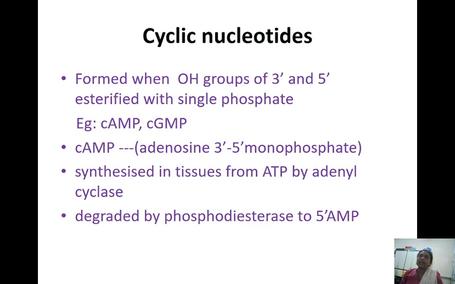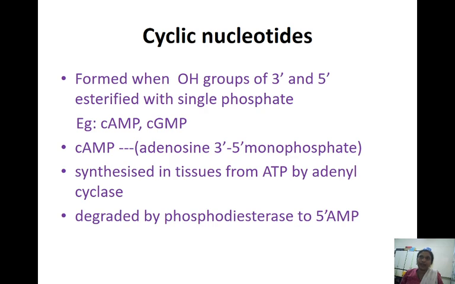Then coming to cyclic nucleotides. Till now we have discussed the unusual nucleotides and the regular nucleotides, which you can see in the structure of DNA and RNA. So what are these cyclic nucleotides? Here a single phosphate group is esterified with two hydroxyl groups.